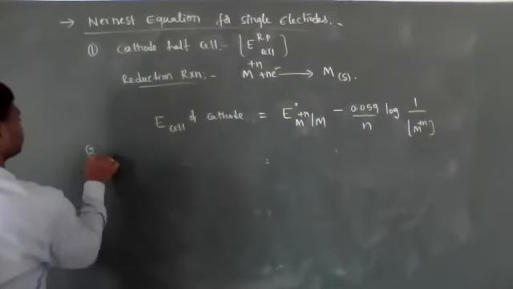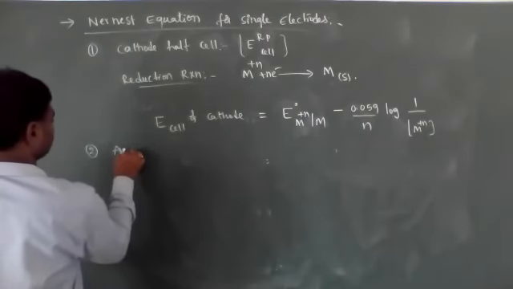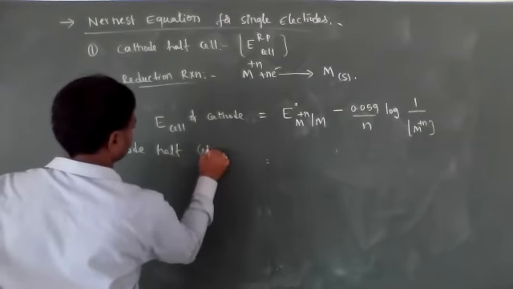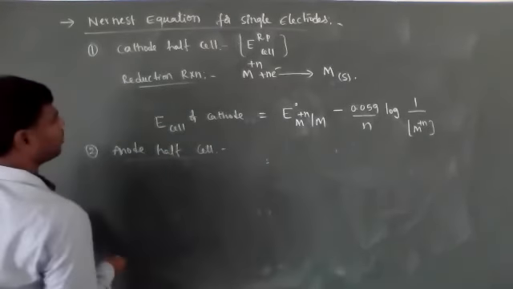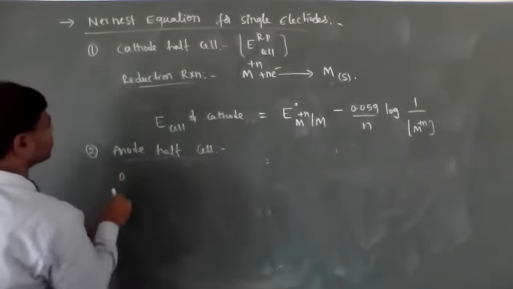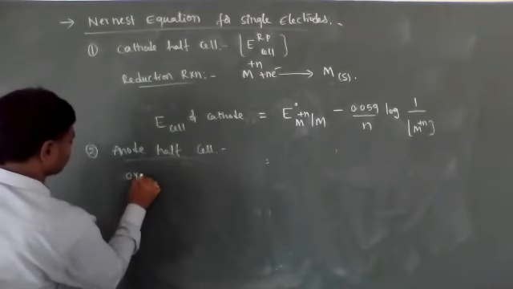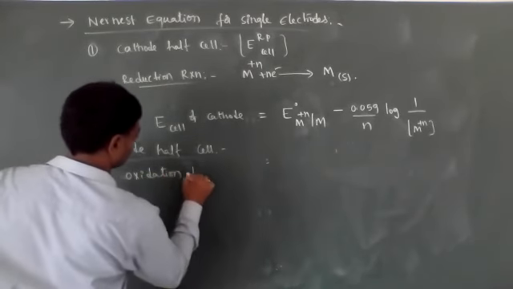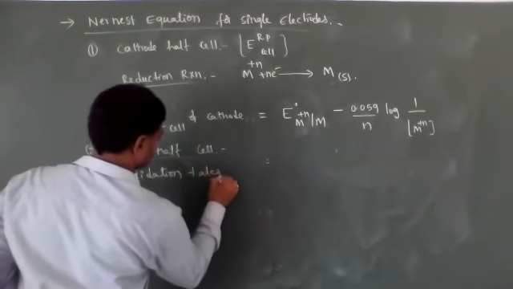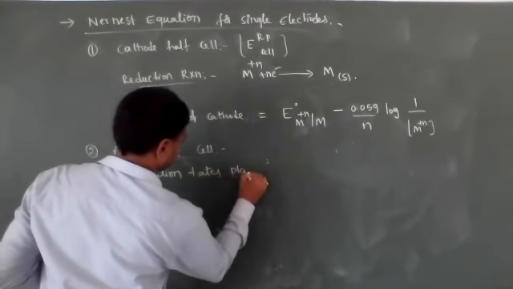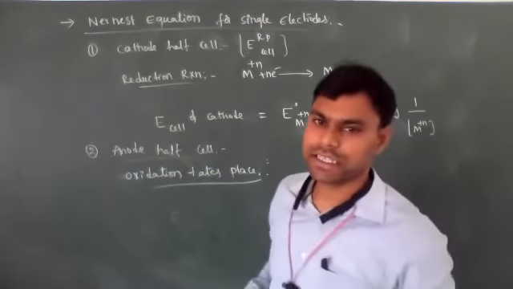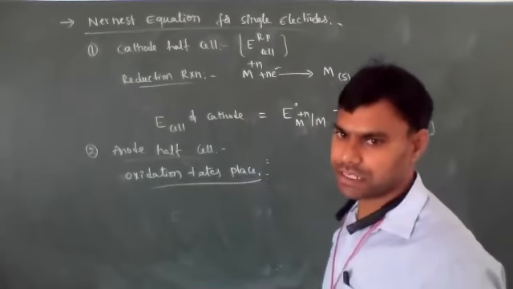And the second one is for the anode electrode. At the anode half cell, what happens now? Oxidation reaction will take place. Oxidation takes place. So oxidation means what? Increasing the oxidation number.